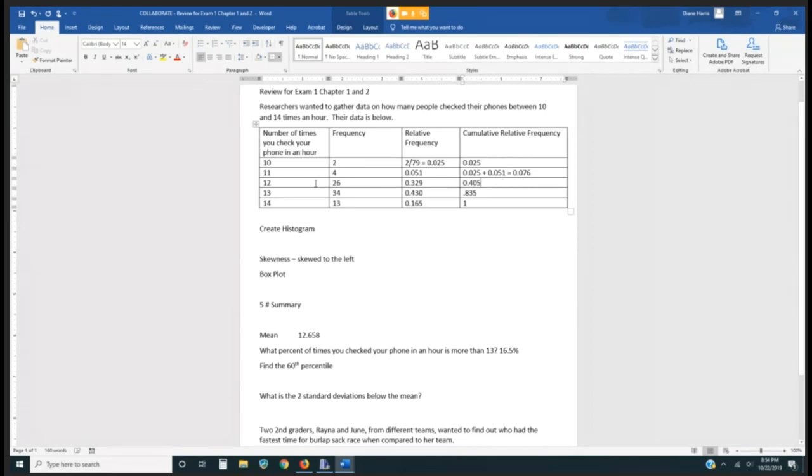If you look here, the number of times you checked your phone in an hour, if it was 12, that goes up to 40.5% of the data. 60% is then in the 13. So 13, the number of times you check your phone in an hour, if it was 13, that is 83.5% to 40.5%. So the 60th percentile is in that 13.